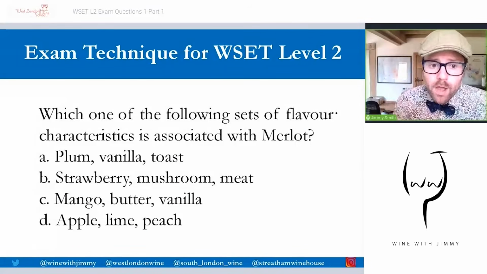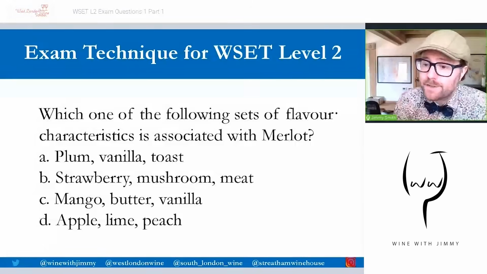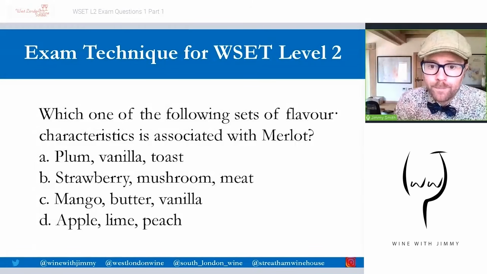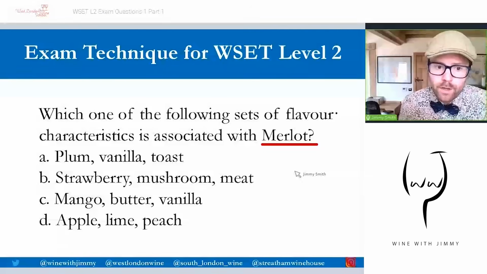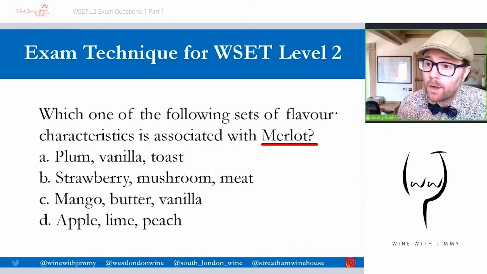Well done. So which one of the following sets of flavor characteristics is associated with Merlot? So Merlot, you'll need to understand, is a red grape variety, so a black grape variety that produces, of course, mainly red wines. So we're going to be looking at only answers which typically include flavor characteristics which will come from red wine.